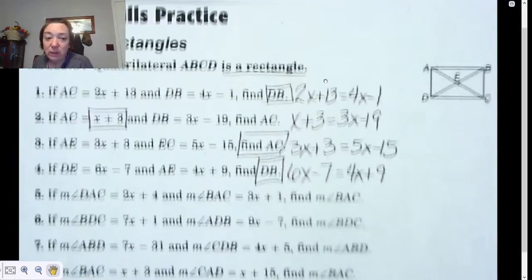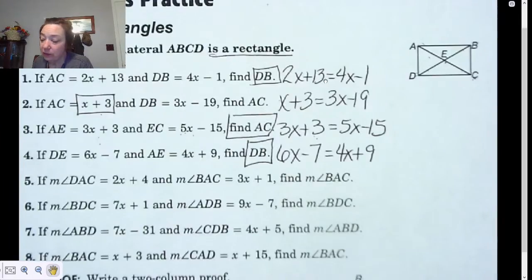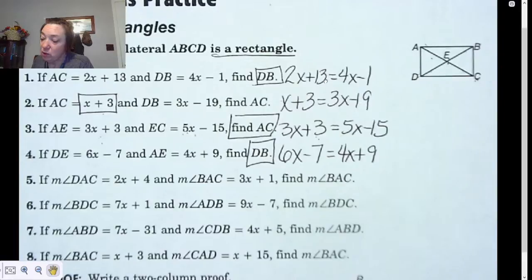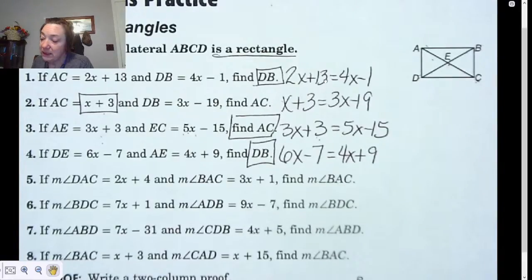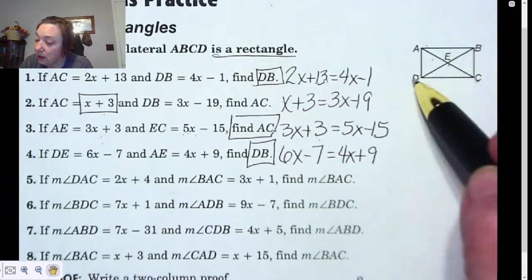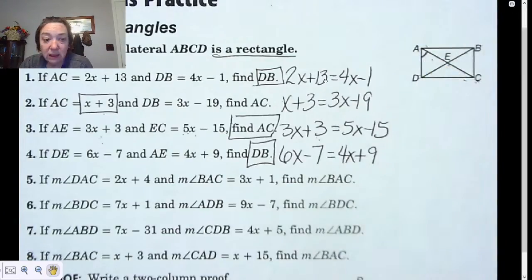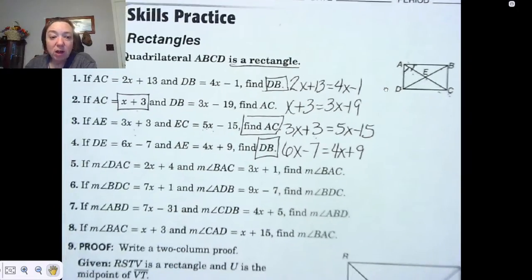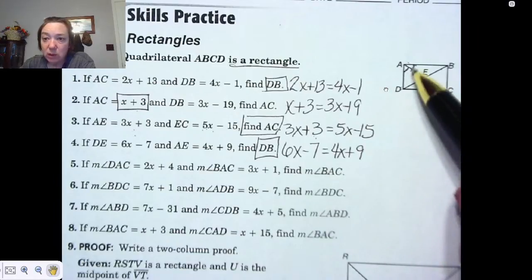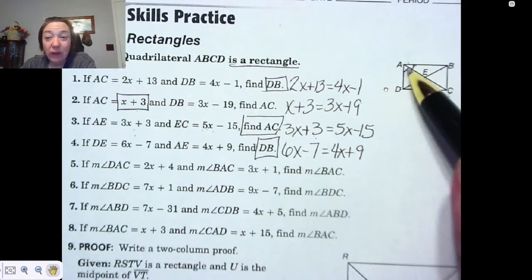So now we get into some angle business, all right? So number 5. If the measure of angle DAC, so DAC is this angle right here, right? DAC is 2x plus 4. And the measure of angle BAC is 3x plus 1. So what do we know about these angles? Well, we know that they add up to 90.